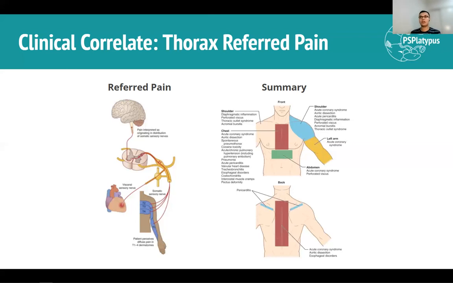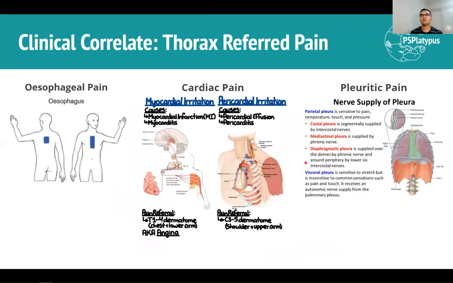So for example, paired organs like the lungs, where there's two of them, if you damage your right lung, you're not going to feel central pain, you're going to feel pain towards that right lung, which sounds simple enough and I guess understandable enough, but it's an important concept to keep in mind, especially because it will become incredibly relevant for abdominal anatomy and abdominal pain, where we're going to have a look at a number of different organs there, and some of them are paired, some of them are unpaired, and therefore that's going to affect the pain referral pattern.